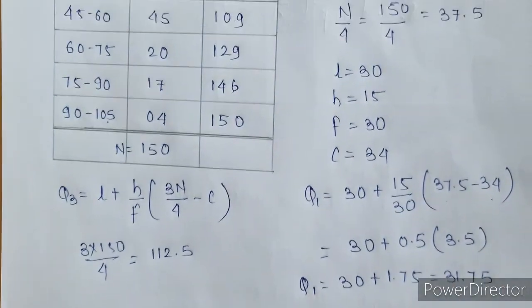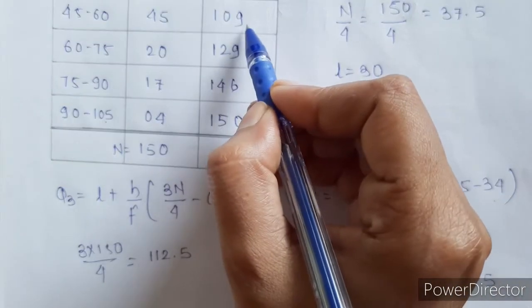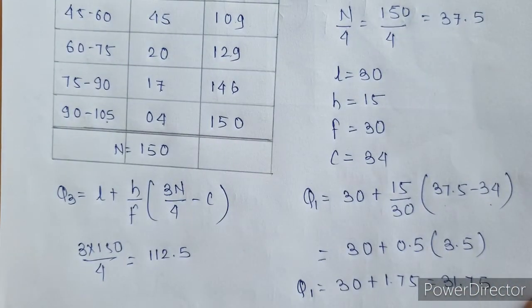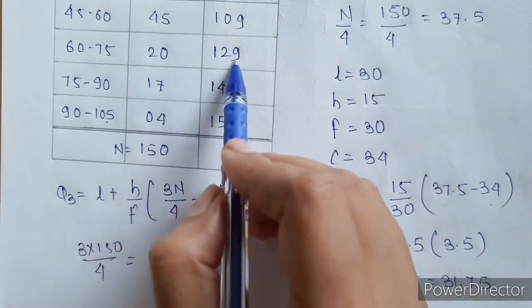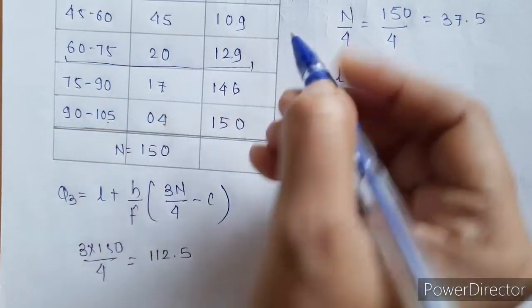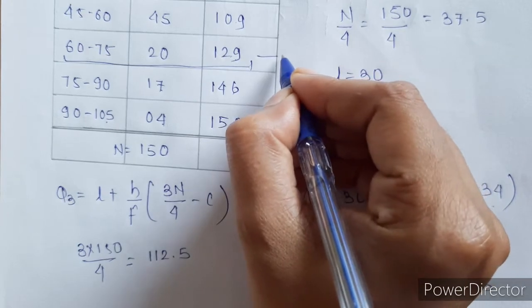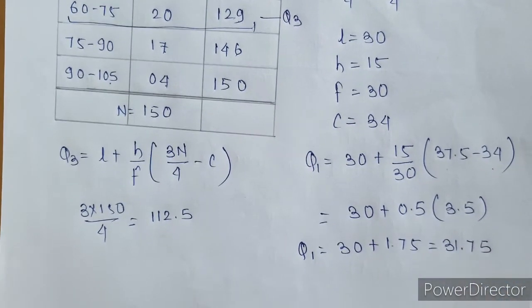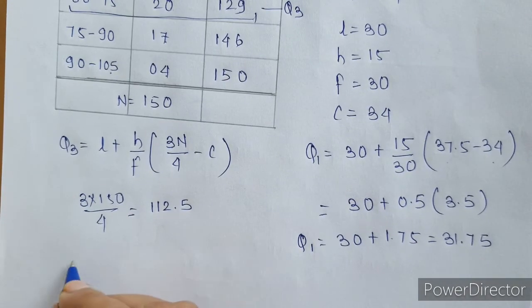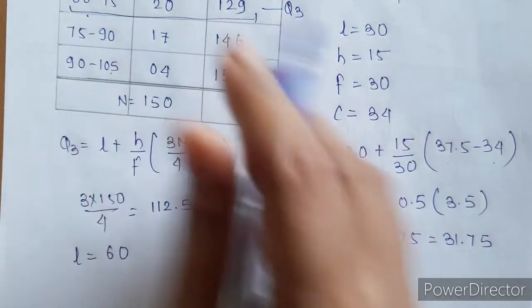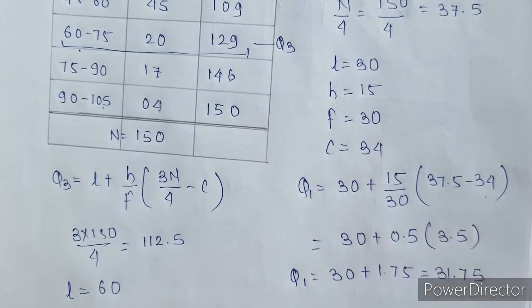What we are getting is 112.5. Here we have up to 109 observations, so from 110 till 129 will be in this class. So your 112th observation is in the 60 to 75 range. So this is your quartile class, the Q3 class. Here the lower limit is 60, the lower limit of the quartile class.